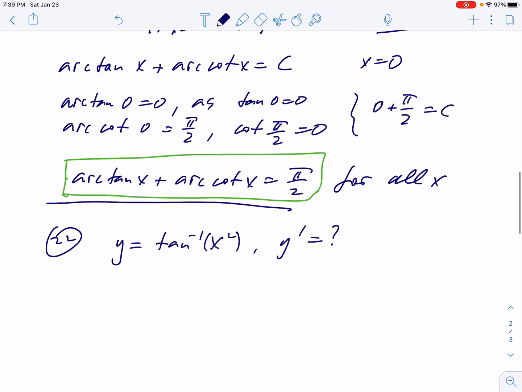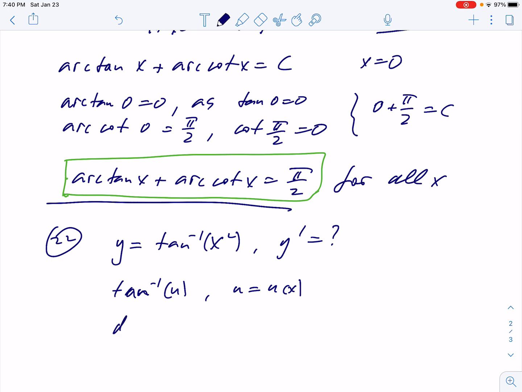We have to differentiate the composition. So we need to follow chain rule. For the inverse tangent, if we have inverse tangent of some function u, and u is a function of x, we have to go with the chain rule.